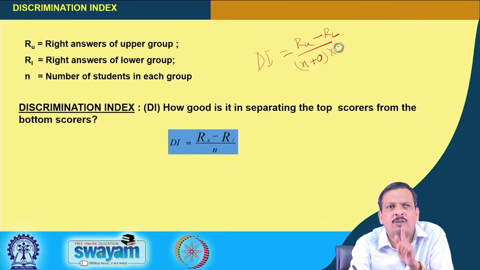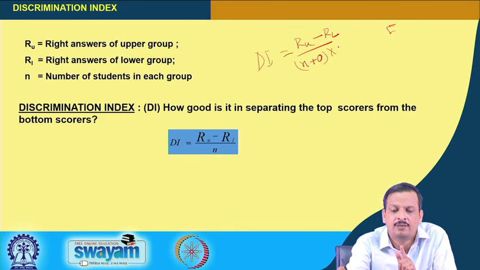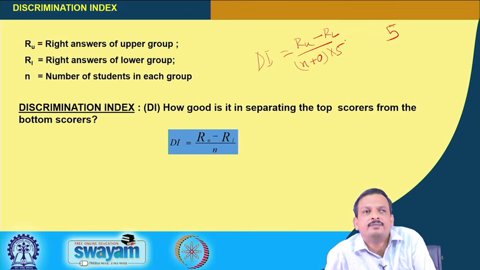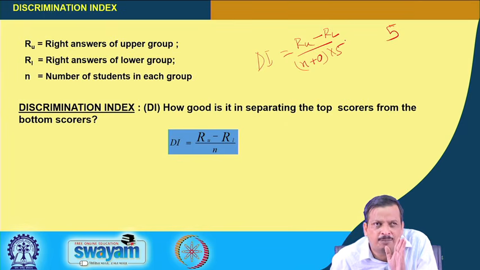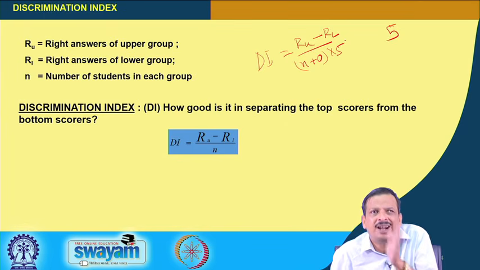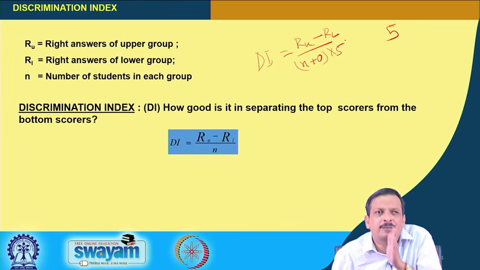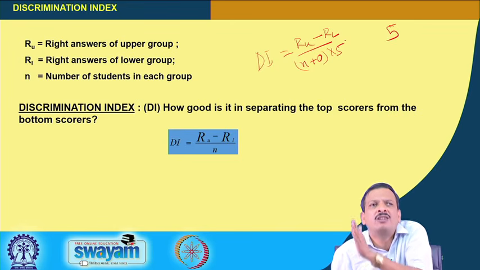Let the question be for 5 marks, then into 5. Have you understood? So, marks obtained by upper group minus marks obtained by lower group divided by n into the marks of the question.